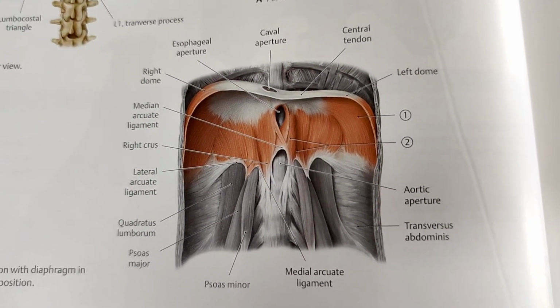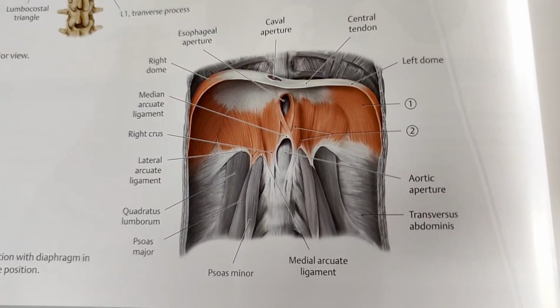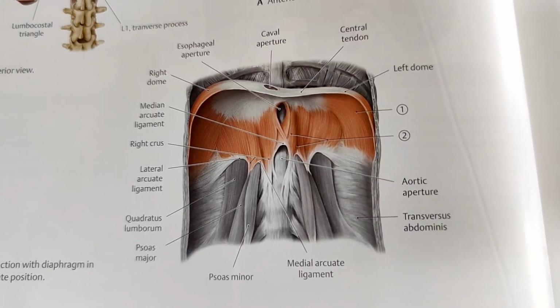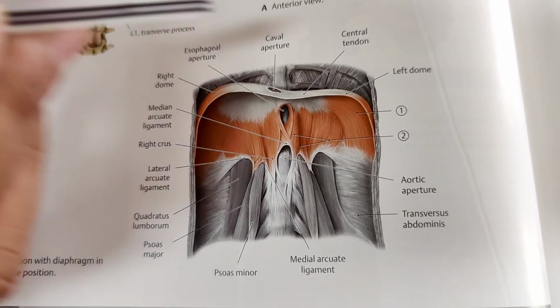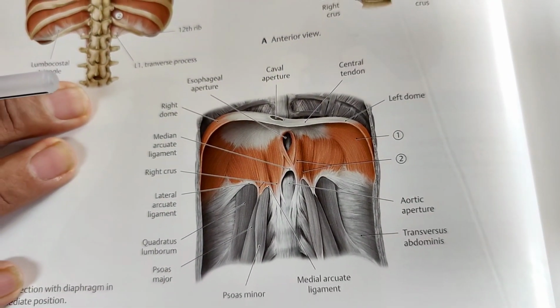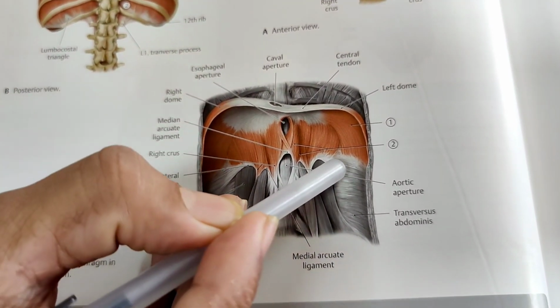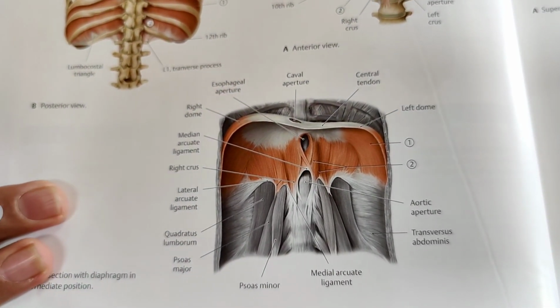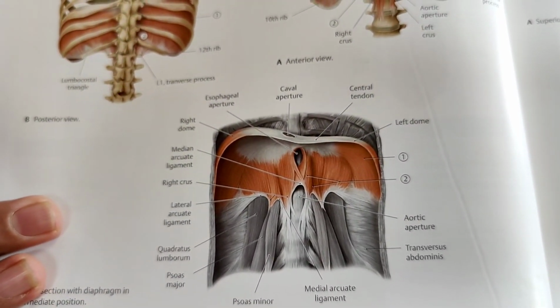Now we will see the development of the diaphragm in brief. We have to remember that the diaphragm develops from four sources. First is the central tendon, which develops from the septum transversum. The medial and lateral arcuate ligaments develop from the pleuroperitoneal membrane.